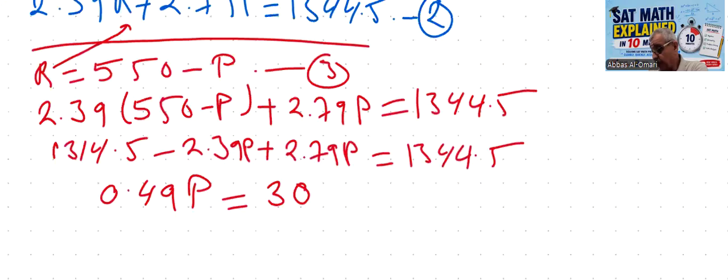So from this equation, we get P equals 30 over 0.4, which is 75.